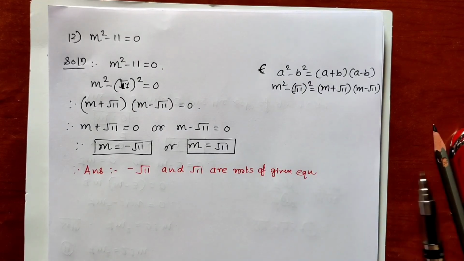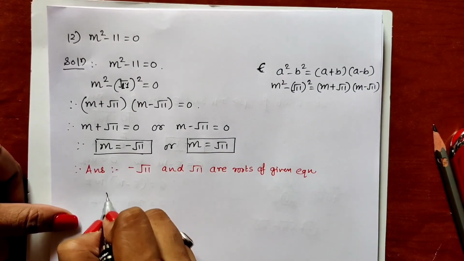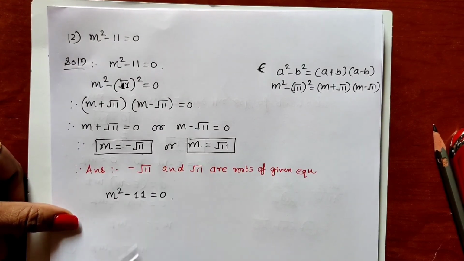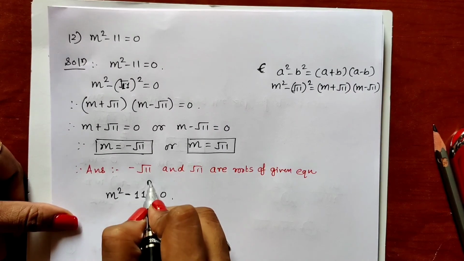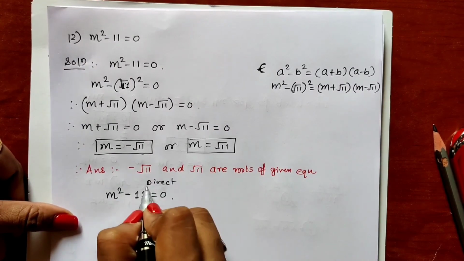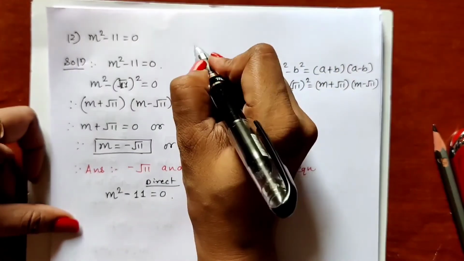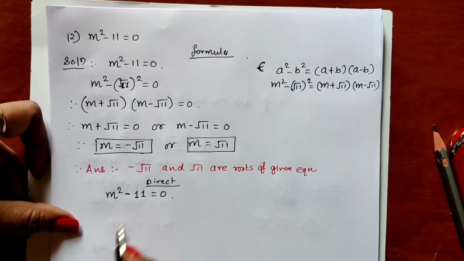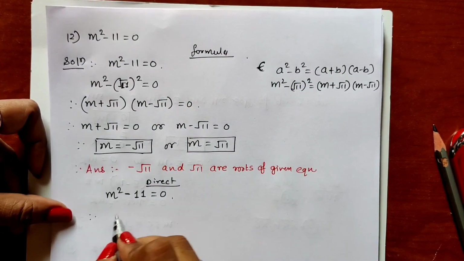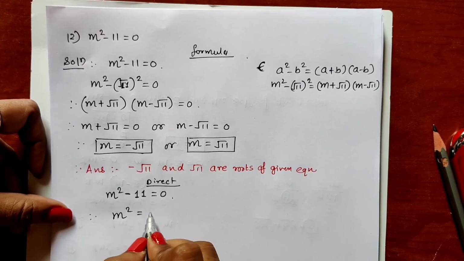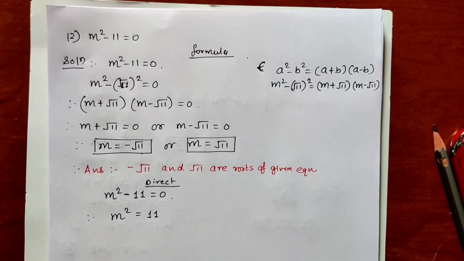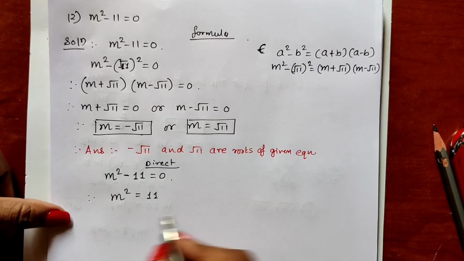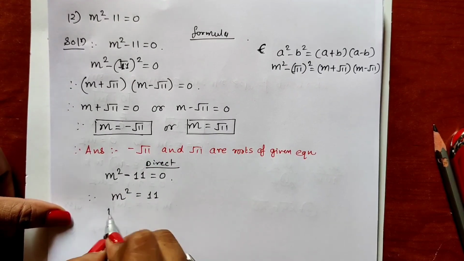And by the direct method, how to solve this? m square minus 11 is equal to 0 is given. This is the formula method, and now the direct method. By the direct method, m square is equal to 11 on the right hand side, minus 11 becomes plus 11, taking square root of both sides.